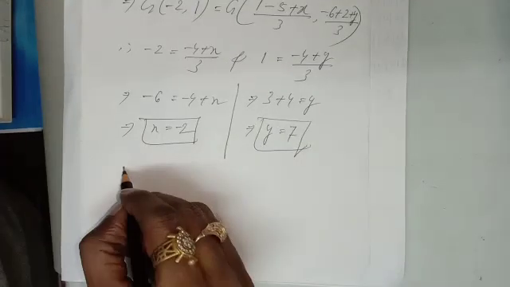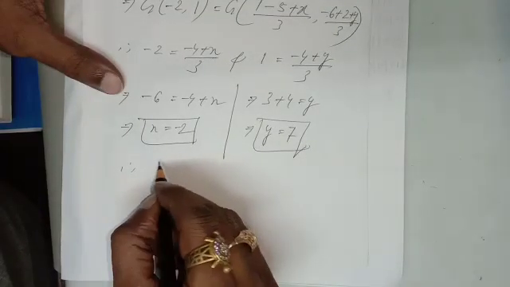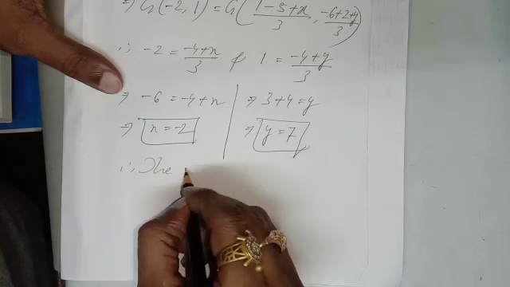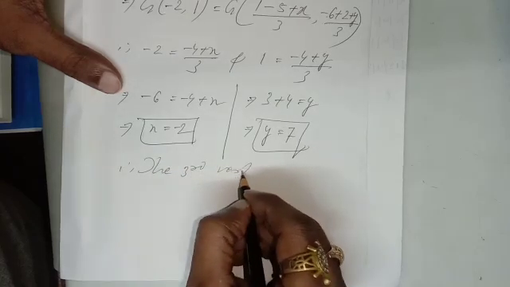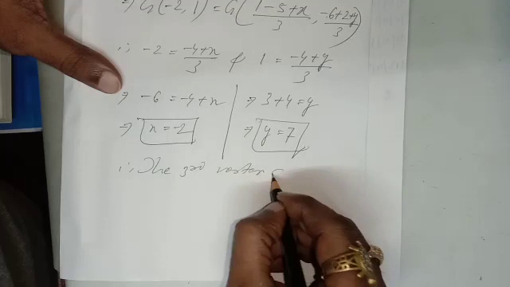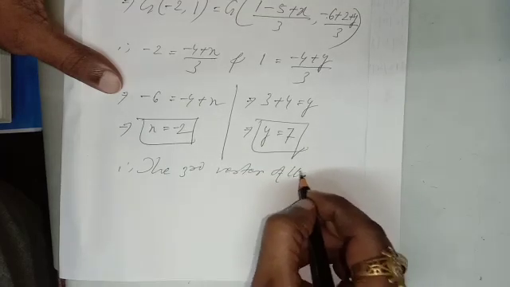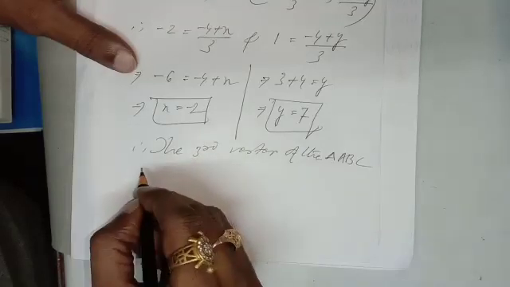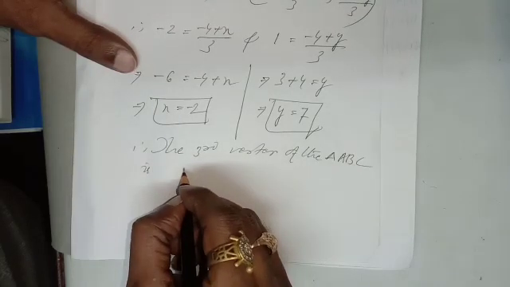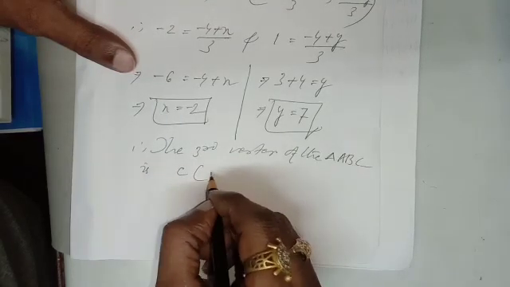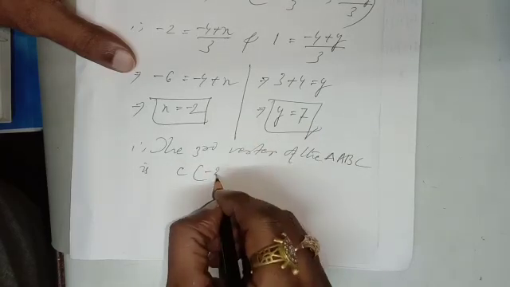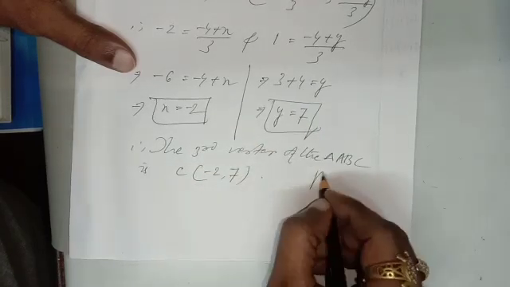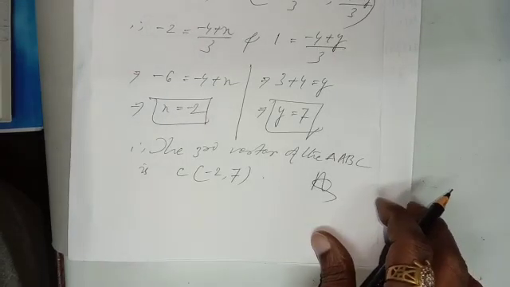Therefore, the third vertex of the triangle ABC, that is the C point, the coordinates we got are (-2, 7). This is the answer of question number 1 about the centroid of the triangle.